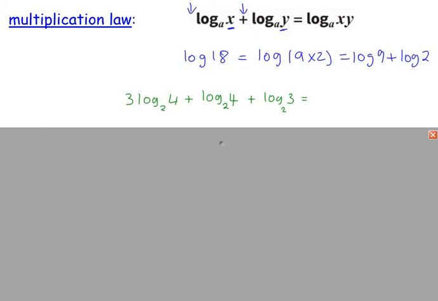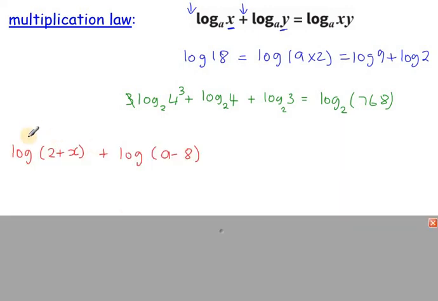In this example, I need to get rid of the coefficient here in front of this term and move that up here using the power rule, and then I've got log, same base throughout, it's base 2, so it's 4 to the power of 3 times 4 times 3, which simplifies to 768.